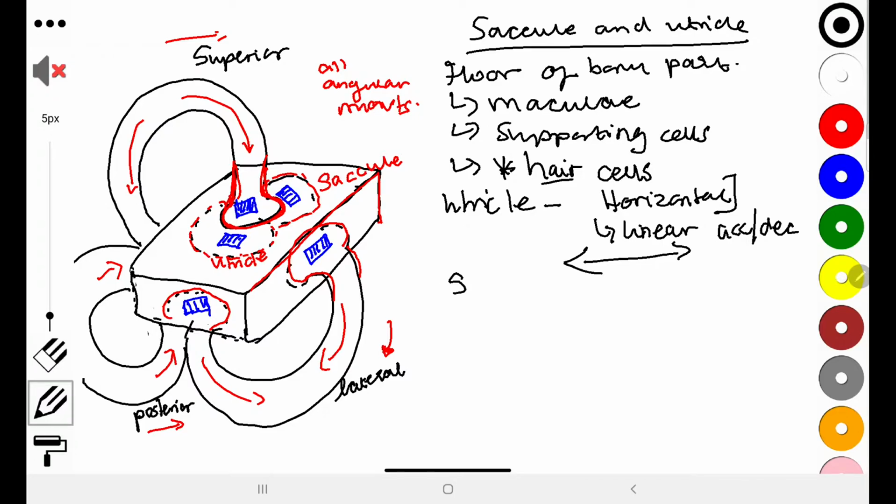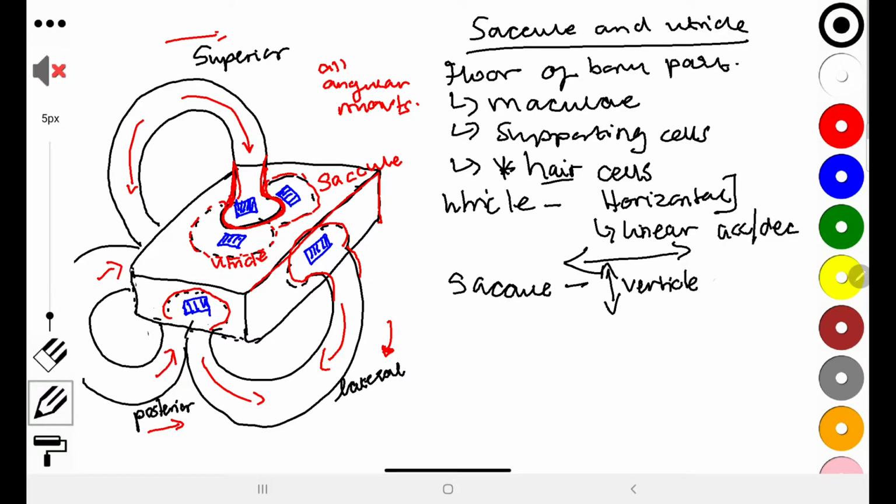And when we talk about the saccule, we are talking about them also having very similar detections, but for these we say that they are all about the vertical.